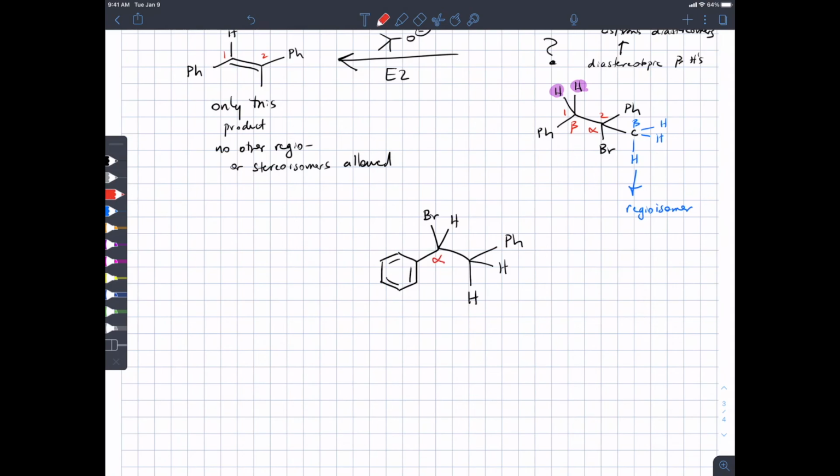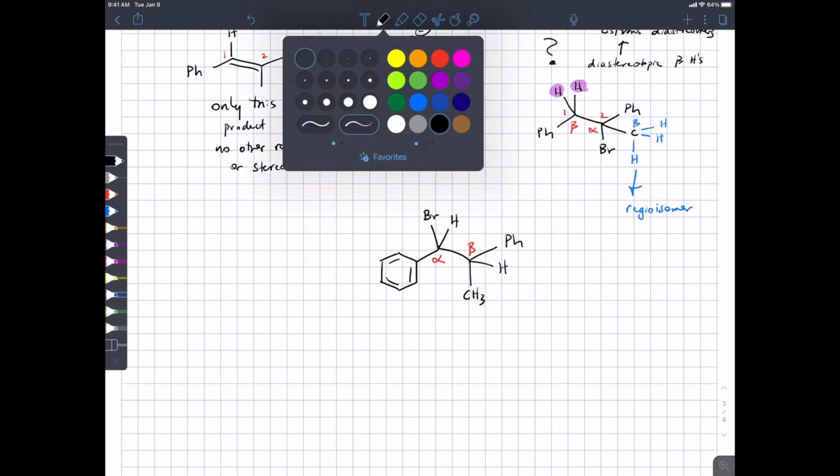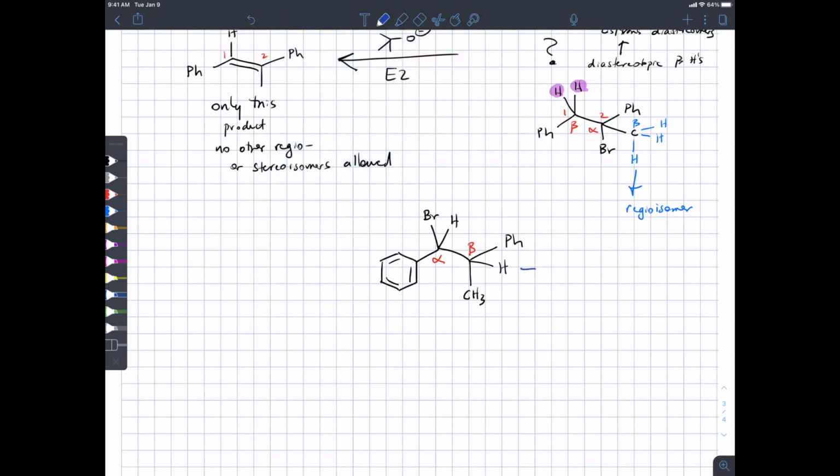Here is an alpha carbon. Here is a beta carbon. Sorry, I forgot, one of those is the methyl group. All right, have we got only one kind of beta proton there? Yep, we don't have regioselectivity issues. We've got only one beta proton, so our regiochemical issues are fine.